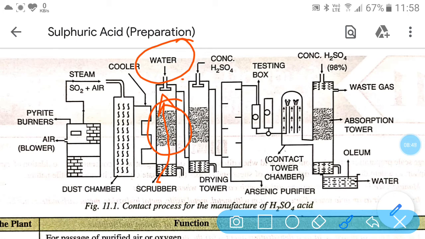Now the gas that has reached this position is wet, and so we pass it again through a chamber where a sulfuric acid rain is maintained. So sulfuric acid comes from the top and the wet gas goes up.